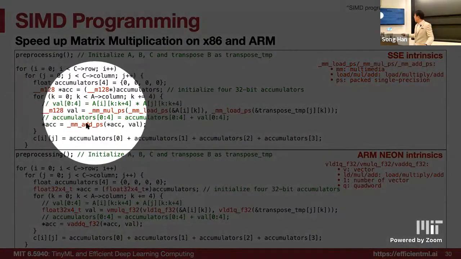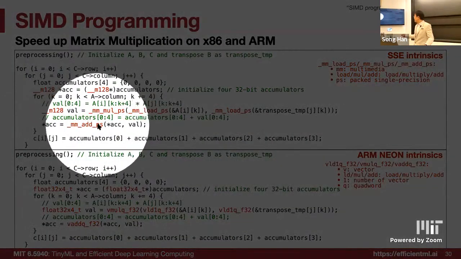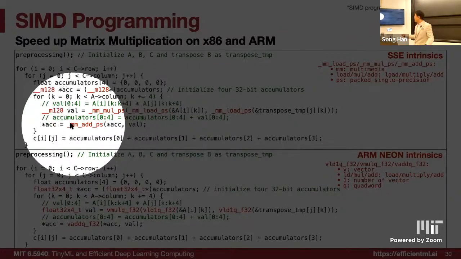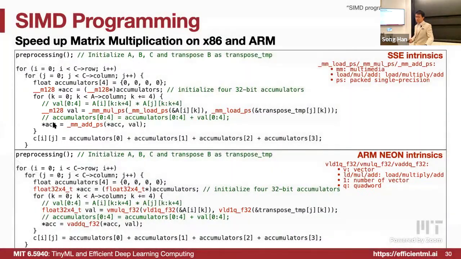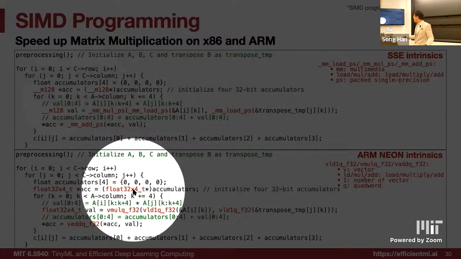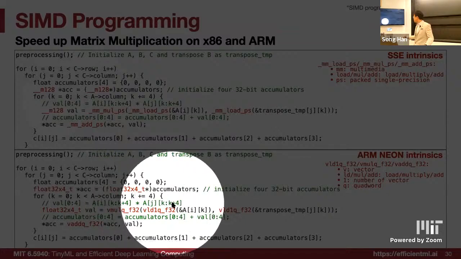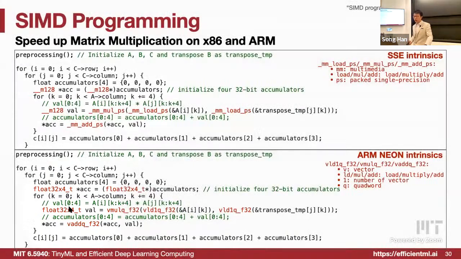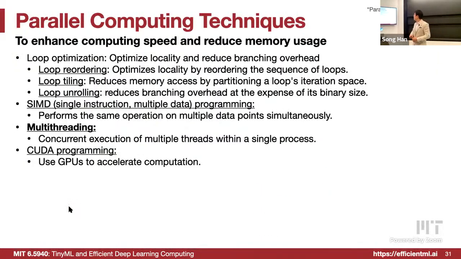And finally, we call this multimedia add PS to accumulate the elements in the accumulator. On the bottom is the ARM version of that. It's pretty similar. Increment by 4, load A, load B, multiply, and finally accumulate them together.